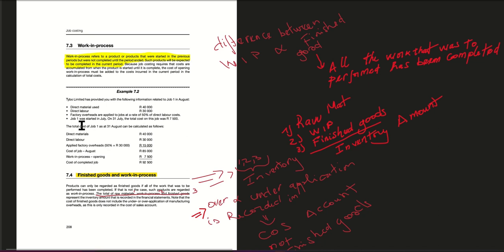And they say that job 1 was started in July. Remember, this particular example, the job 1 is being done when? In August. July comes before August. So we are being given a job that is taking place in August, but they are giving us information from prior to this particular month, the month of August.